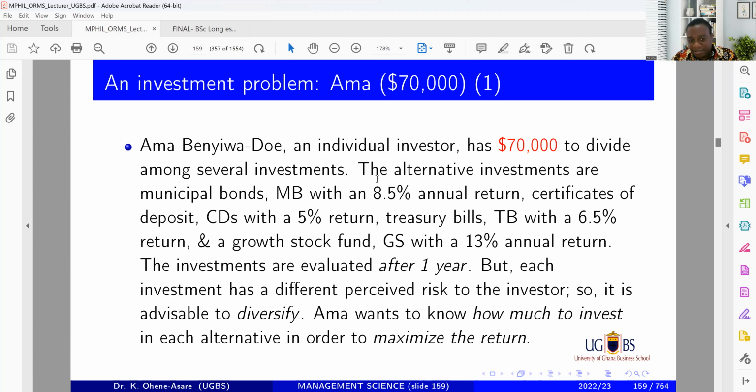But they are risky. And because of those risks, it's sensible to diversify your portfolio. So what Ama wants to do is that with this 70,000 in her hand, she wants to know where she should invest and how much she should put into what, given the return she's going to have vis-a-vis the risk.